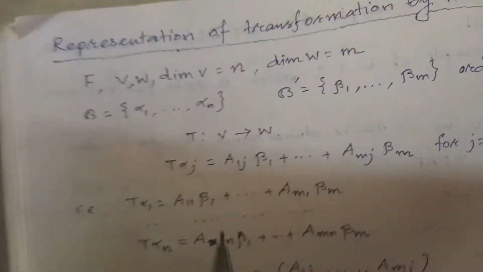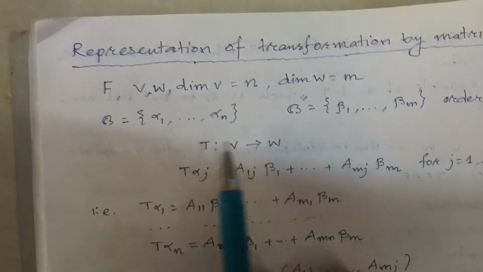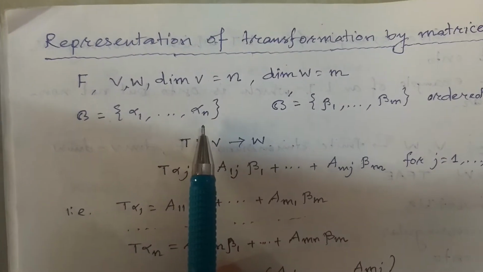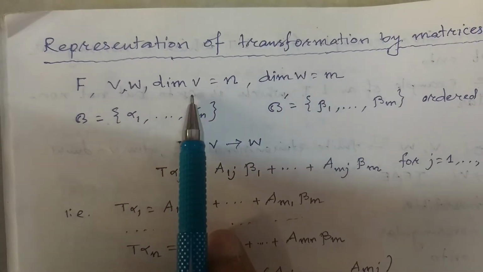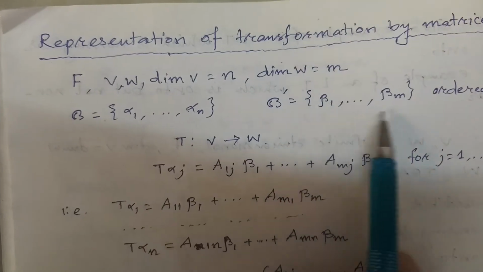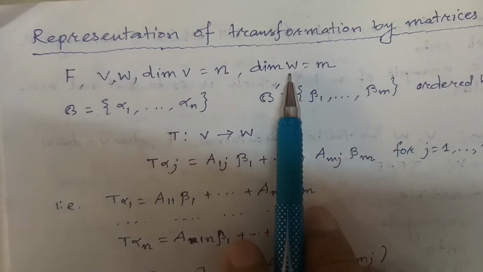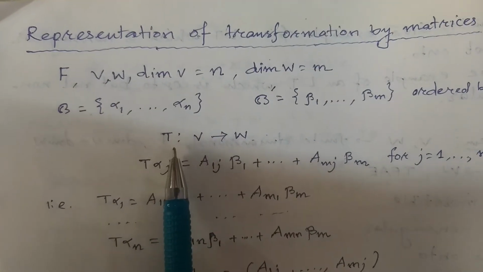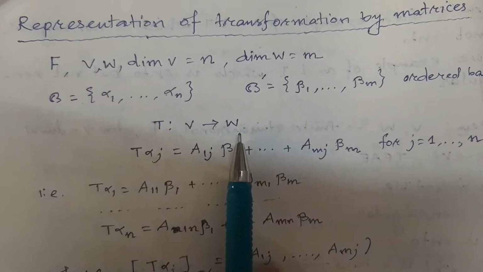Definitely we will get an ordered basis B equal to alpha 1, alpha 2, ..., alpha n, which is a basis of V, and B dash equal to beta 1, beta 2, ..., beta m, a basis of W. Clear? Let T be a linear transformation from V into W.